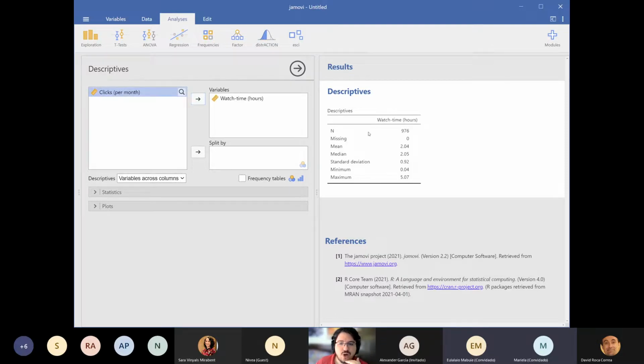All right. So here we have the number of items in that set of data in that column, 976. We have missing values 0. It is very common that in real life data you will have missing values. Missing values correspond to people not answering that particular question in that particular questionnaire.